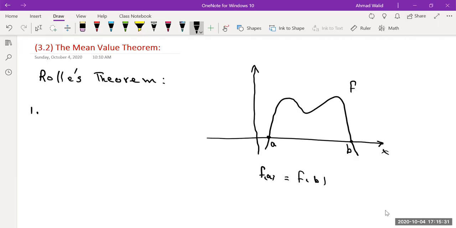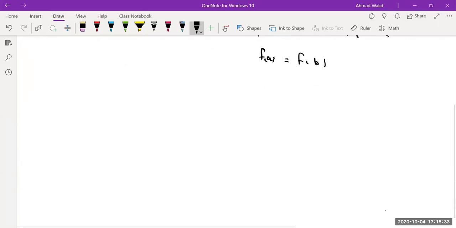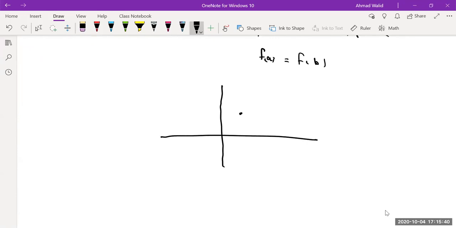Let me draw another graph for you. It shouldn't always be intersecting the x-axis. For example, look at this function. This is A, this is B. F of A, which is here, also equals f of B. You see, they're in the same line.